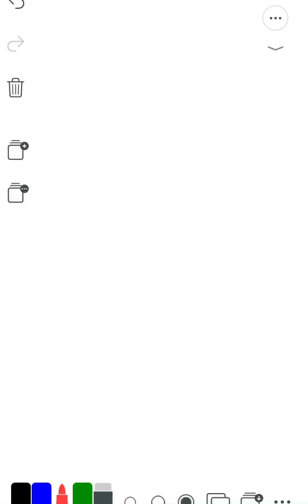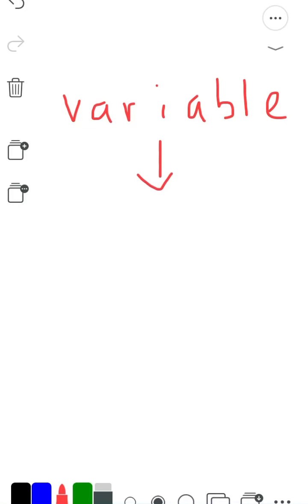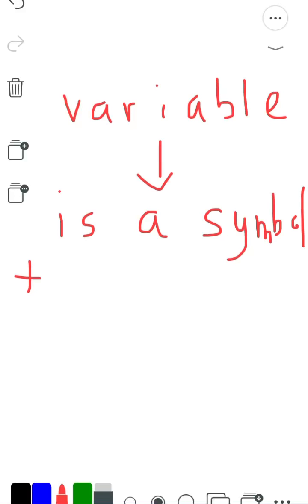So before we get to the math problems, first we got to know what a variable is. I wrote a bit slow, but to speed things up, a variable is something that we don't know that carries some type of function or a type of pattern in a word problem.